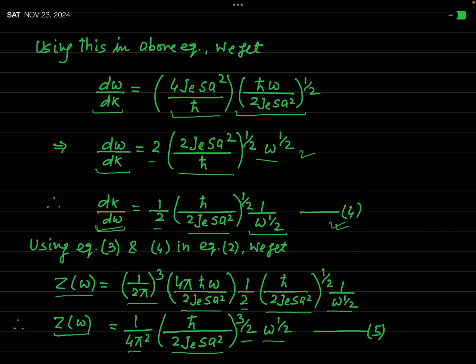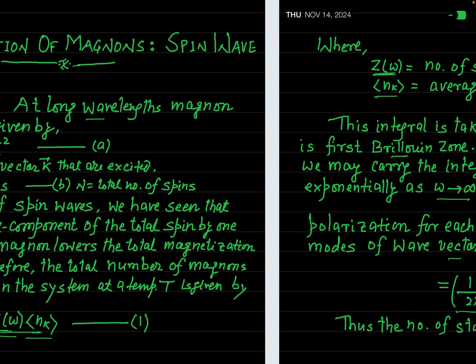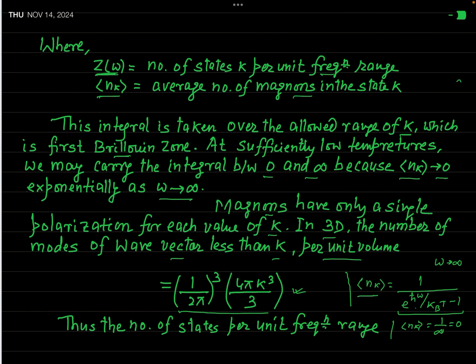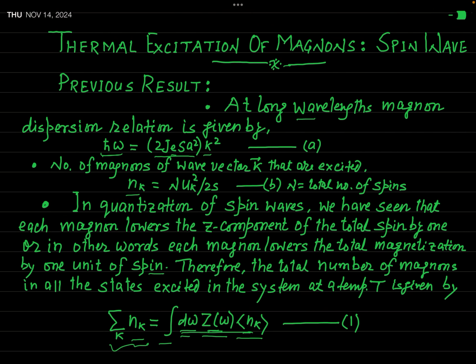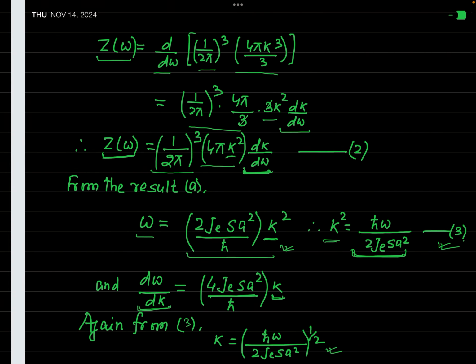Okay, Z of omega. Now, as I have told you, for finding the total value of nk, we need the average value of nk, which is the average number of magnons in the state k.